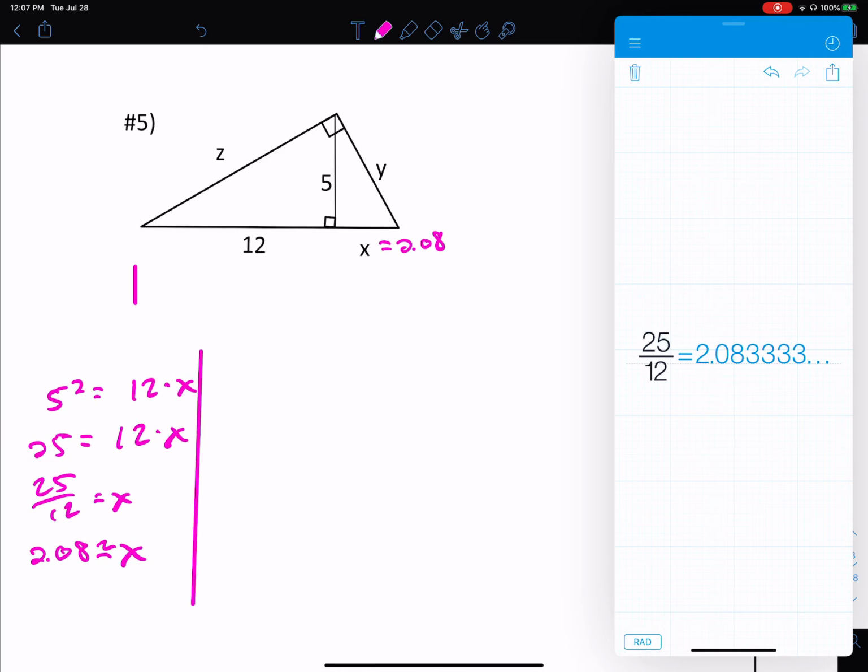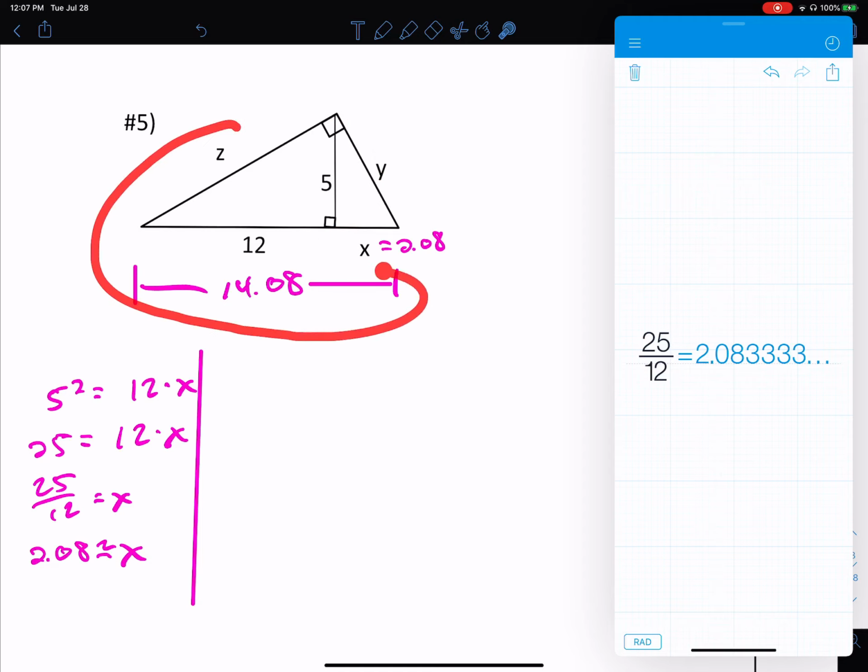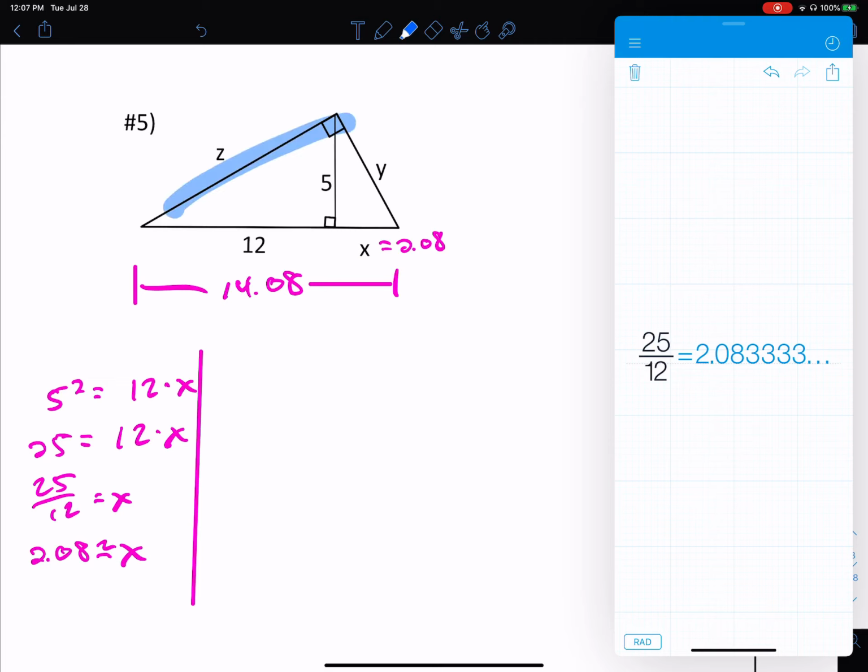What's the length of this whole side now? 14.08. I should probably write that down to help me with these other calculations. Let's find what z is. So I circled wrong things here. I'm going to use these three numbers. Z squared is the product of 12 and 14.08.